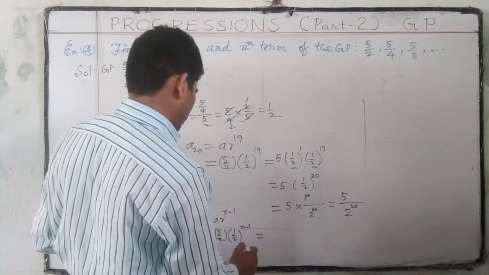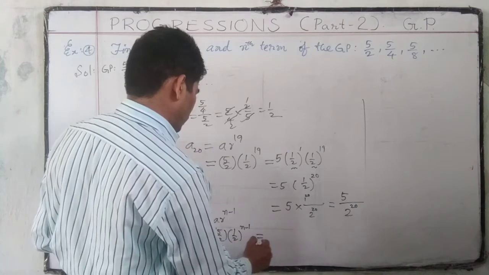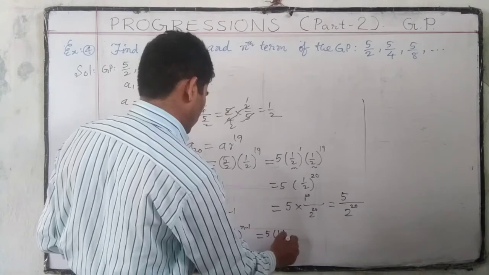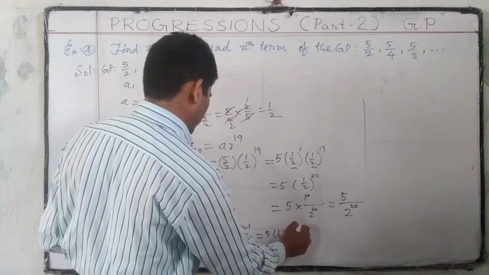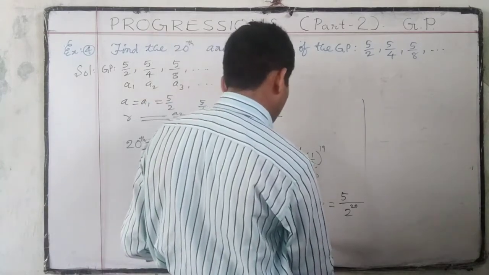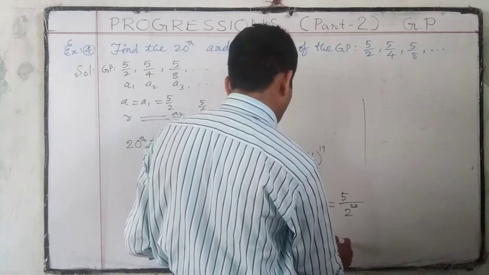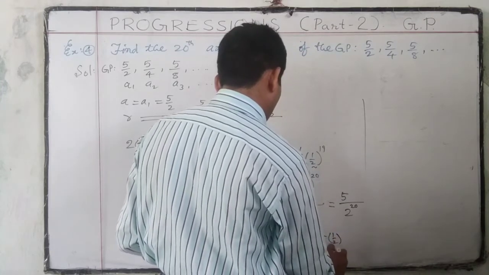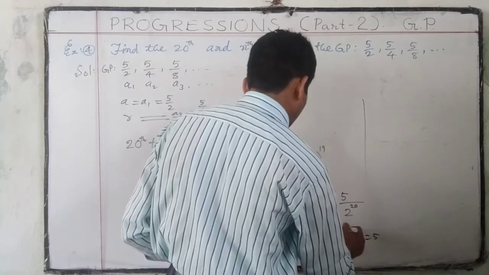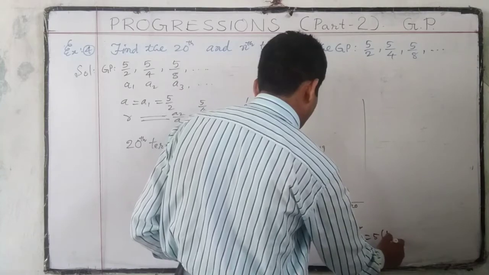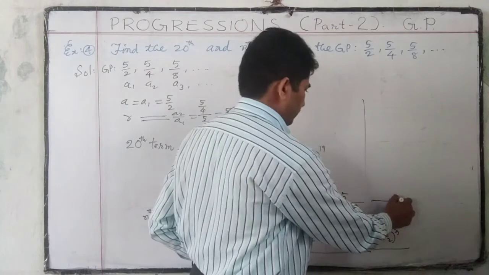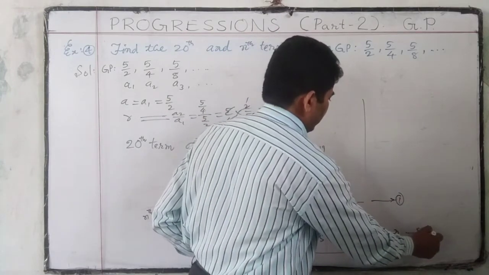So 5 into 1 by 2, into 1 by 2 all to the power of n minus 1, here 1. 5 into 1 by 2 all to the power of 1 plus n minus 1, is equal to 5 into, plus 1 minus 1 cancel, 1 by 2 all to the power of n. So this is the answer. This is the first answer. This is the second answer.